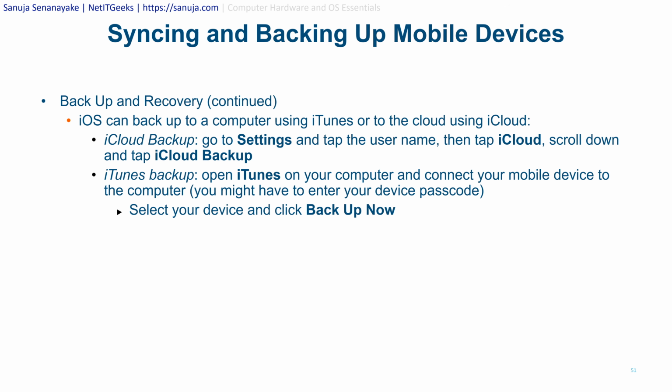So you open iTunes, whether it's the Windows desktop iTunes or the Apple version of iTunes on your computer, and connect your mobile device to the computer. You might have a password that you need to enter, and once you do that, you select the device and click Backup Now, and that will back up your Apple iOS devices onto your personal computer.